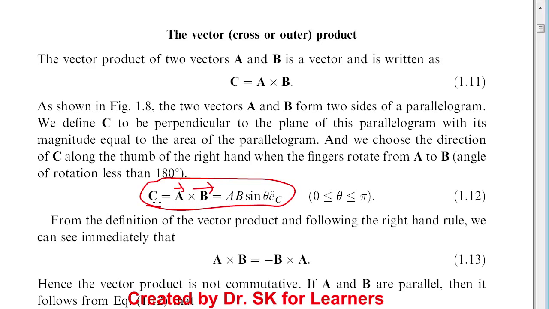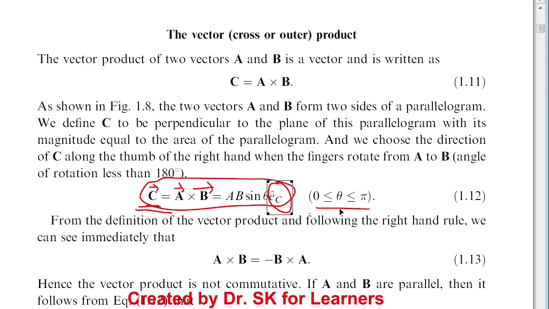So the cross product of A and B, which gives rise to another vector called C, can be mathematically represented as the magnitude of A multiplied by the magnitude of B sine theta, where theta is the angle between A and B, and a unit vector towards the direction of C. This unit vector is basically the vector which is responsible for the direction of the output vector.